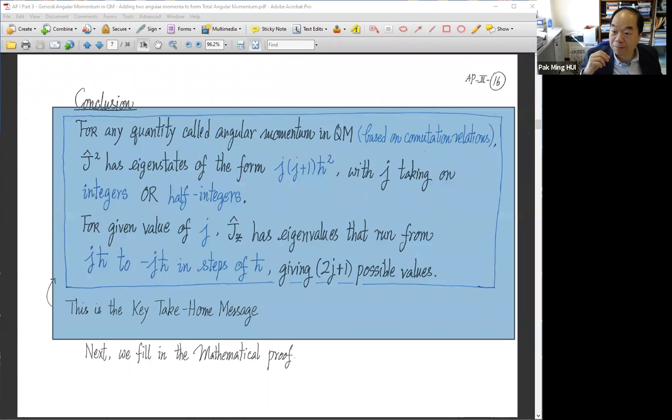We have also seen spin last time, and spin takes on the other possibility. S is a half, for the electron, and that is half integer. Here, we are saying that relying on the commutator alone, these are the possible results, okay? So that is what we want to do.